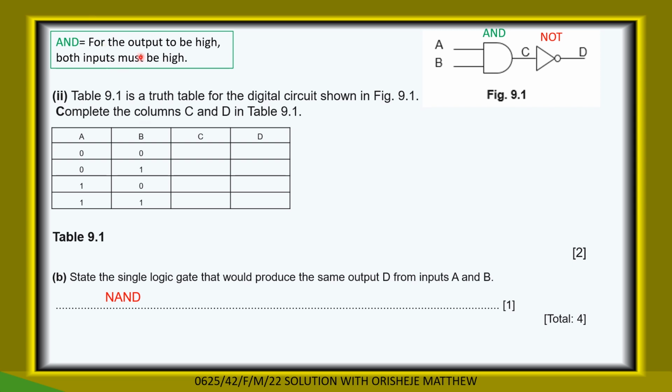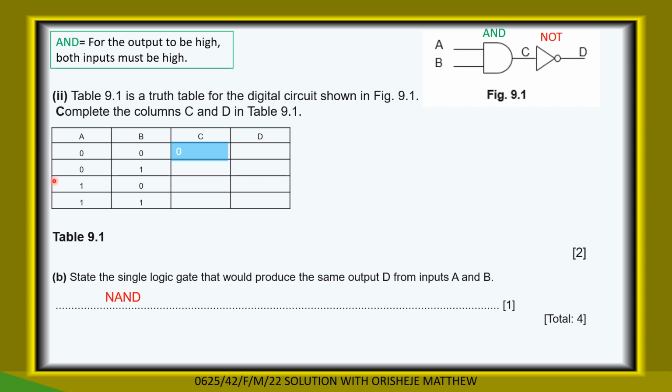For the AND gate, for the output to be high, both inputs must be high. So for C to be 1, to be high, both A and B must be high. And then for C to be low, both A and B must be low. So A and B will give you C. Now both of them are low, so C is going to be low too.